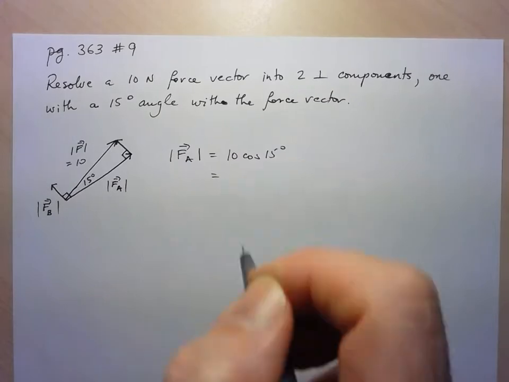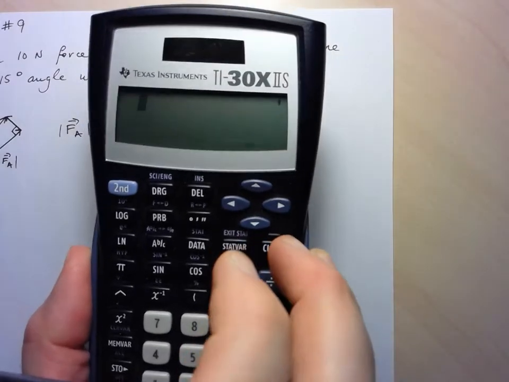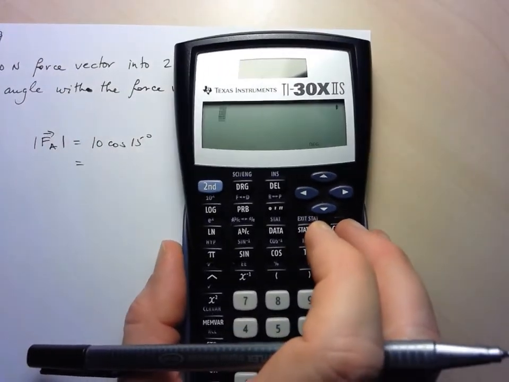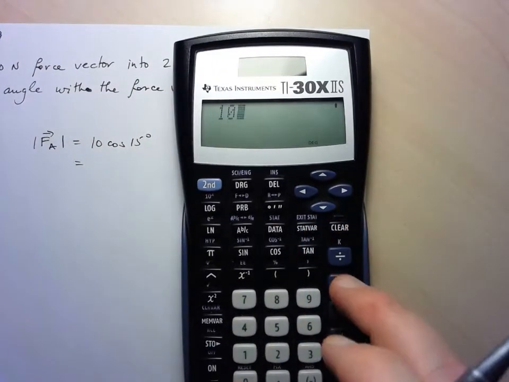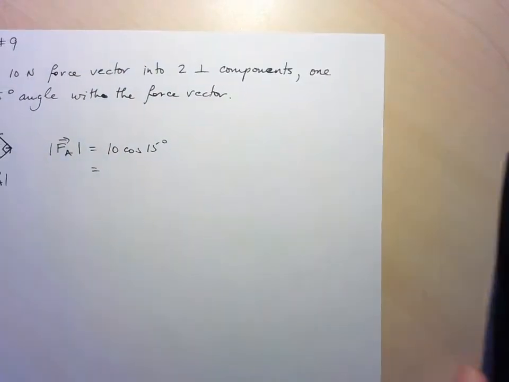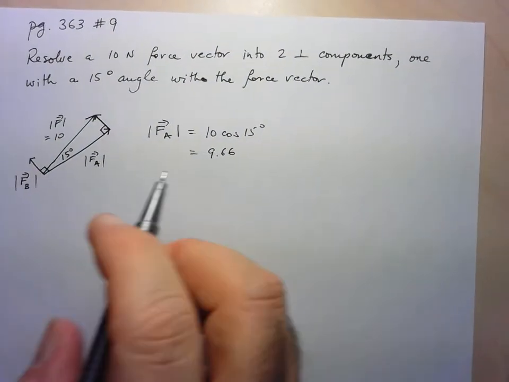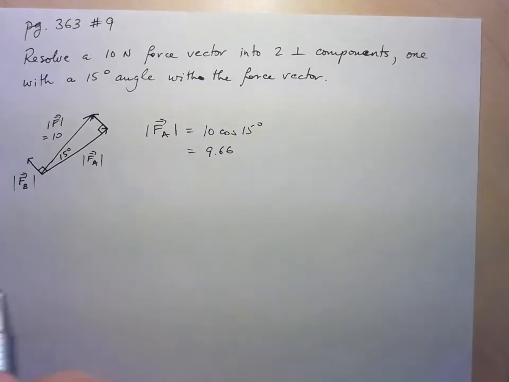Okay, so let's calculate that here. 10 times cos 15. Okay, and here we have 9.66. So the component, which is 15 degrees away from the vector, has a magnitude of 9.66.